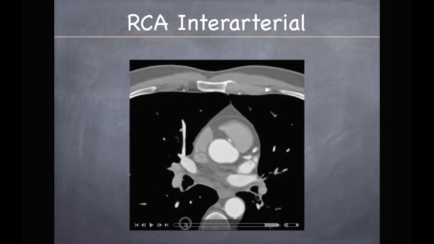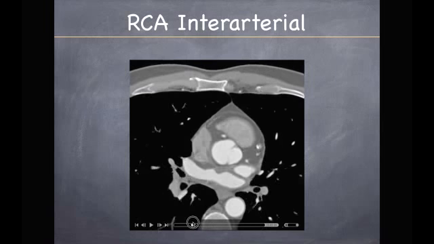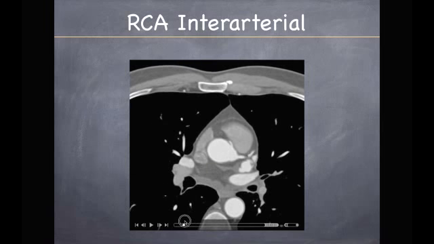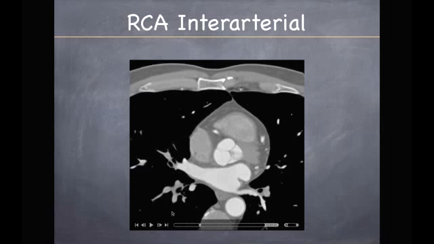And then you can see it's going between the pulmonary artery and the aorta to traverse in the right atrioventricular groove. So this is the right coronary artery with an anomalous origin from the left coronary cusp and an interarterial course. There's been much discussion about these being malignant, but the majority of the feelings nowadays are that generally these can be managed medically.